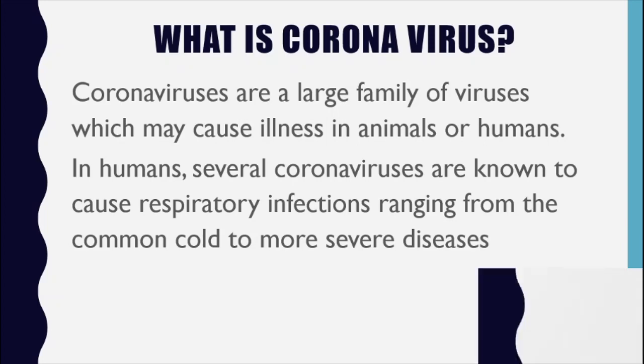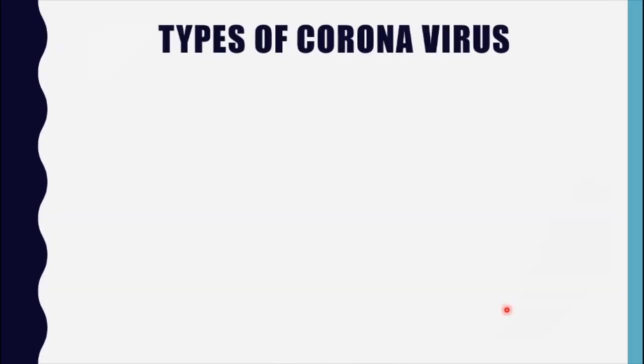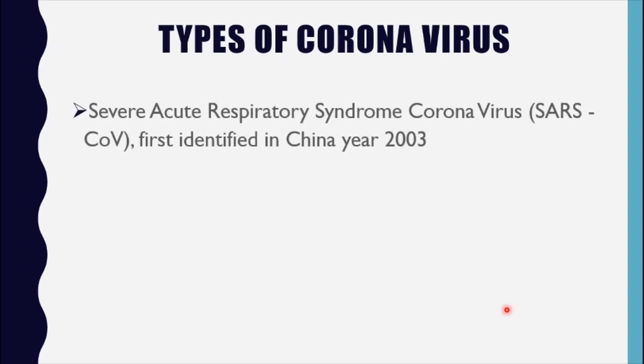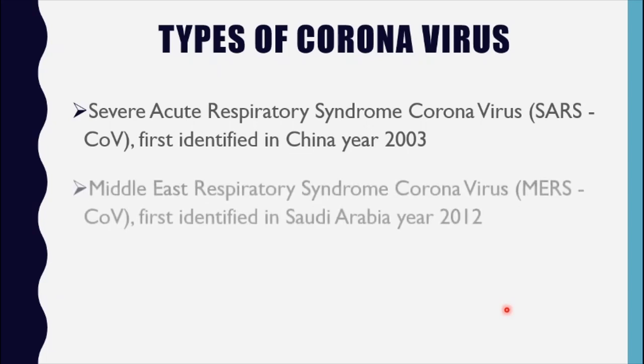So there are 3 types of coronaviruses that cause severe diseases. We have the Severe Acute Respiratory Syndrome coronavirus, or SARS-CoV, that was first identified in China in 2003.